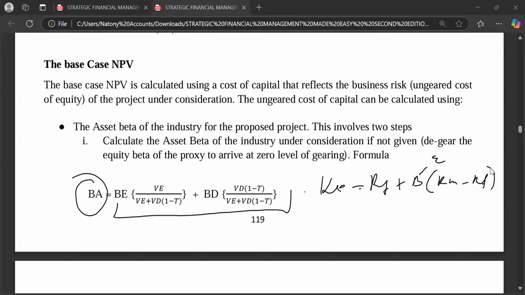You are calculating your WACC. But under the adjusted present value, you will not be using the beta of equity. So if you are doing the adjusted present value, what will be here will be beta of assets. So that after you've done this calculation, you will arrive at KEU, cost of equity ungeared.